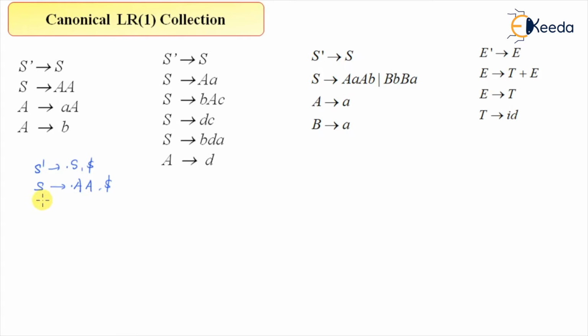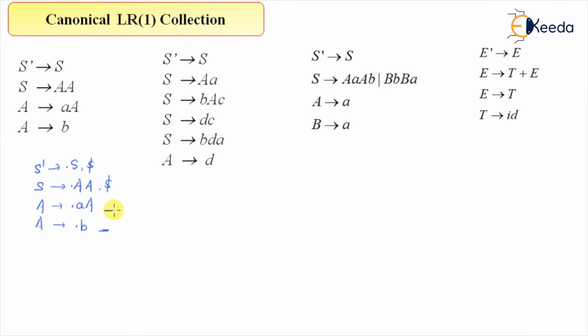Dot is in front of A, so I will write dot small a, and A derives dot B, and here I have to add a follow symbol. Which rule is applicable? Alpha before, again I'm not interested. What is after alpha? There is a non-terminal capital A, and the moment there is a non-terminal, we calculate first of it.